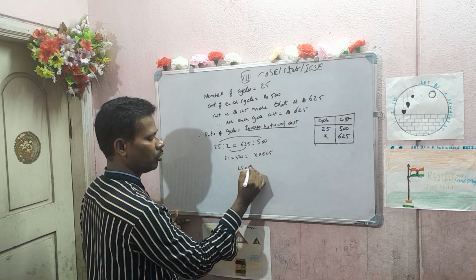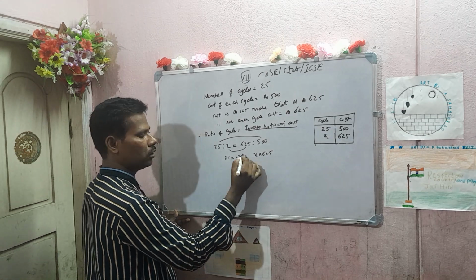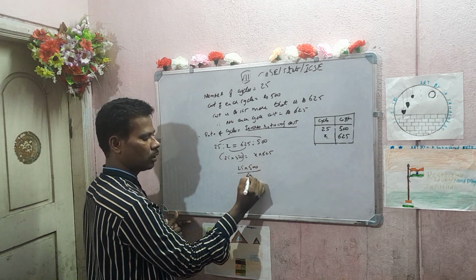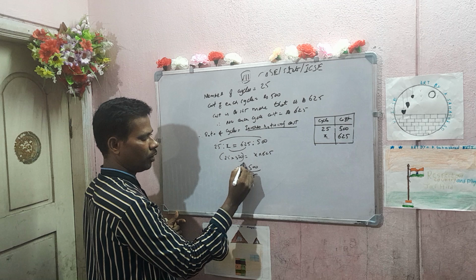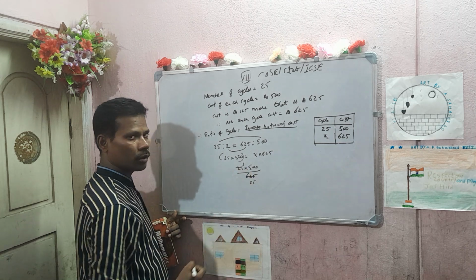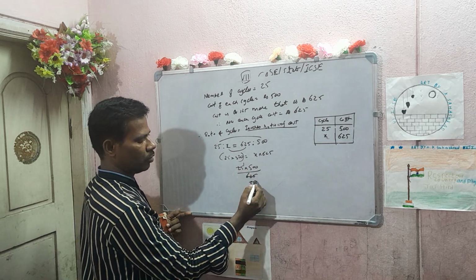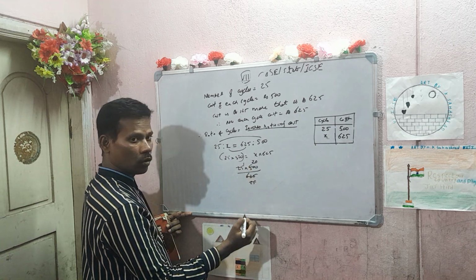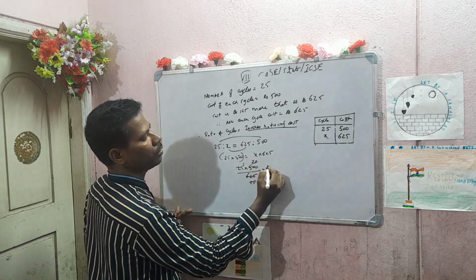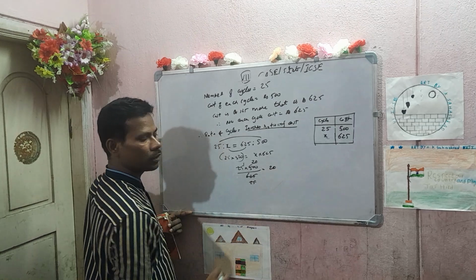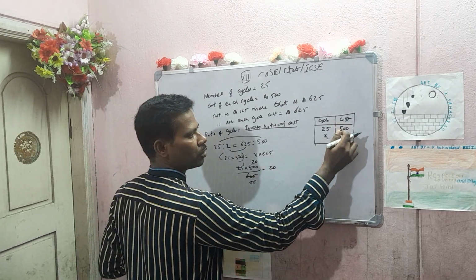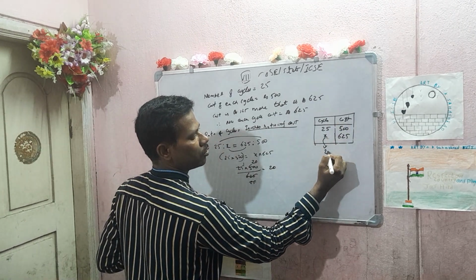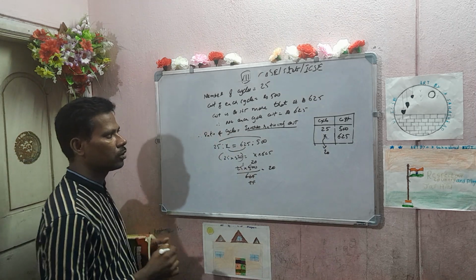So 25 into 500, this you remain as it is, this you bring here. 25 ones are 25, 25 sixes are 625. You should remember 25 twos are 50, so 20. Now see here, as the cost is increasing, he will purchase fewer cycles.